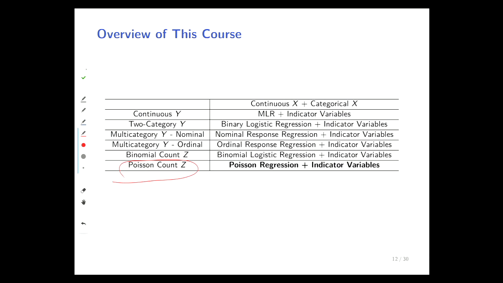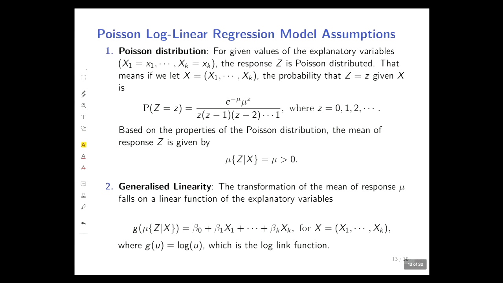Basically, we have a slightly different response variable, so we need to propose a new model. But for this new model, we can still use continuous and categorical explanatory variables to model this new kind of response. So that's something similar. So what is this model? Let's look at the model assumptions.